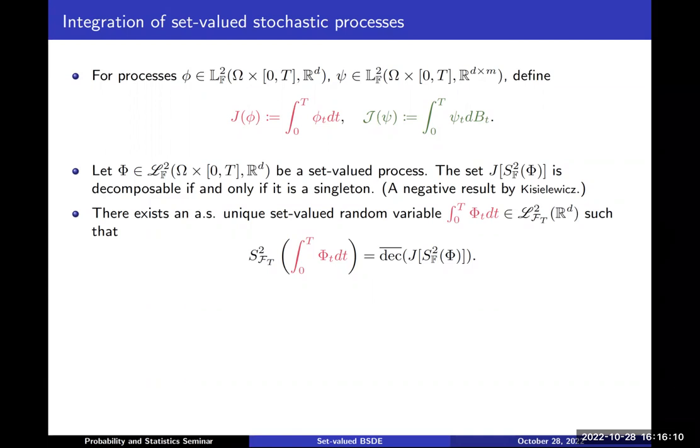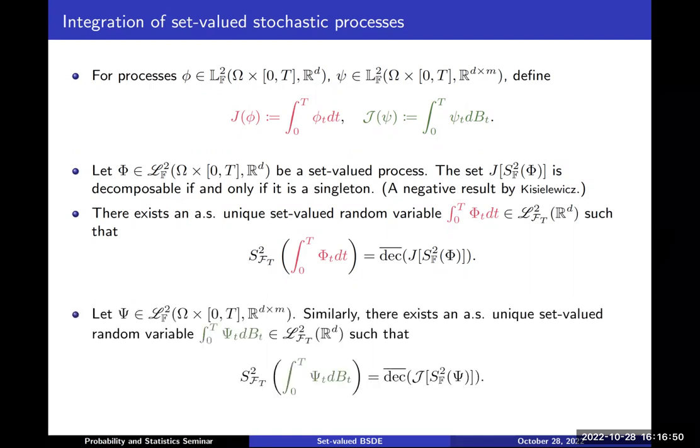We take the decomposable hull of it in order to make sure that this comes from a random set, which we will denote as the time integral of the set-valued process. So once I take the decomposable hull, I can say that there exists a random set. I can symbolically denote it by the integral from 0 to capital T of pi t dt, whose L2 selectors is this set. I use the main theorem about decomposability. And this is how we define the integral of a set-valued process.